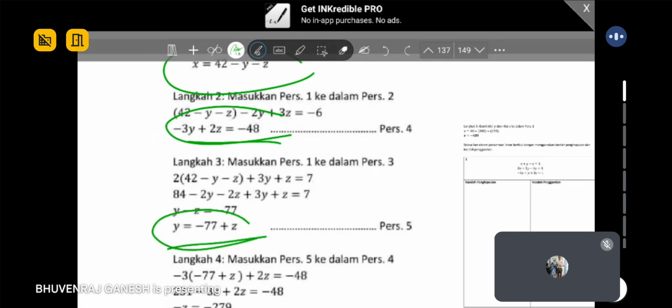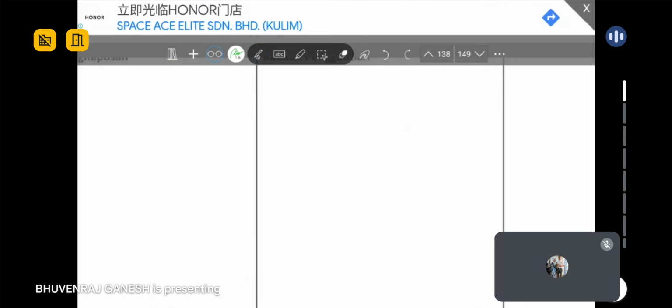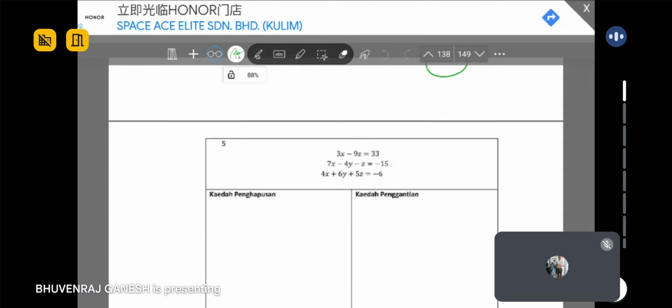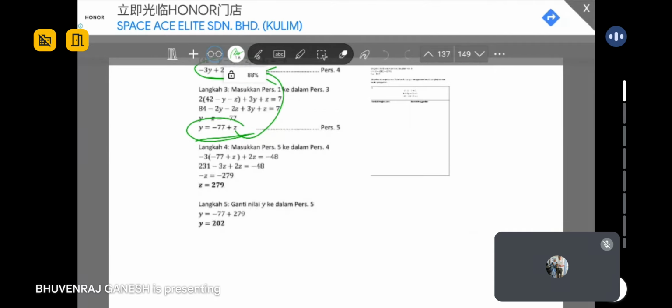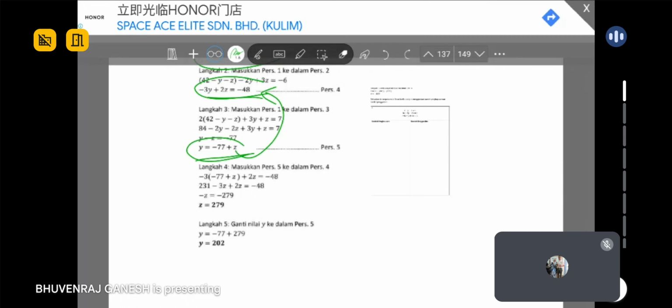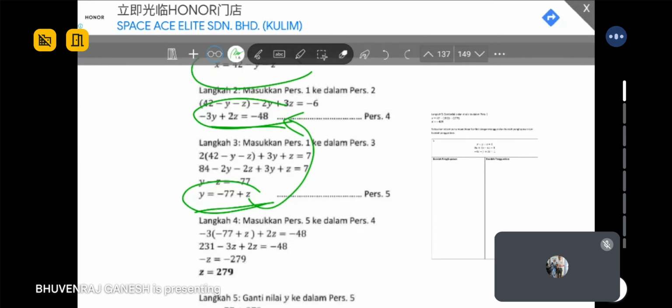Express Y in term of Z or Z in term of Y. Okay. Pilih salah satu dan masukkan dalam satu lagi. Okay. Let's say yang ni saya pilih untuk ungkapkan. Betul? This one. Okay, so you have to substitute in number 4. Gantikan kat persamaan keempat. Alright?